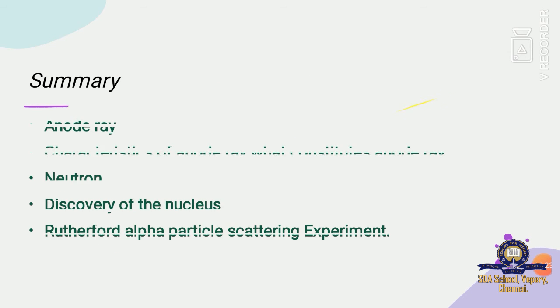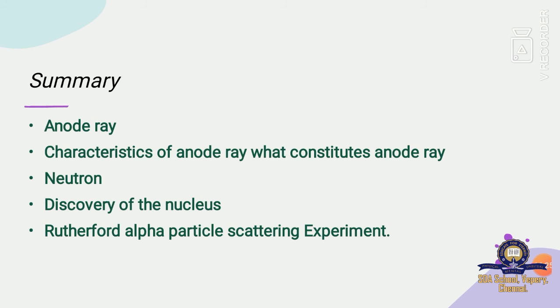In today's class we have learnt about anode ray. Anode ray has the positive charge and it travels from anode to cathode, and it is also called canal ray. Then we have seen two characteristics of anode ray.